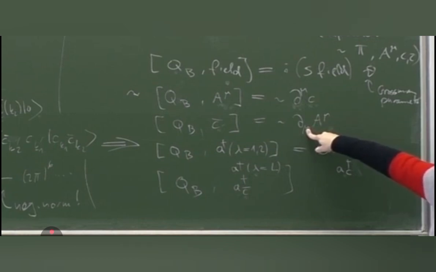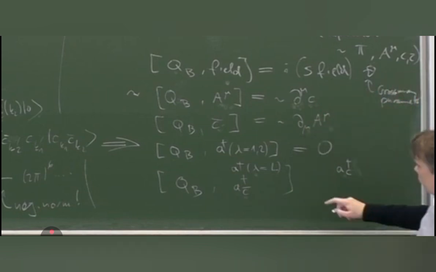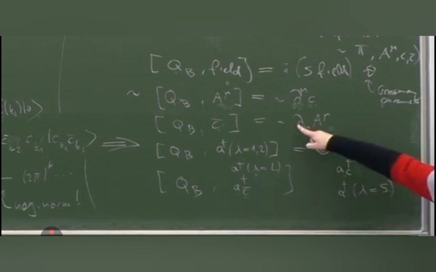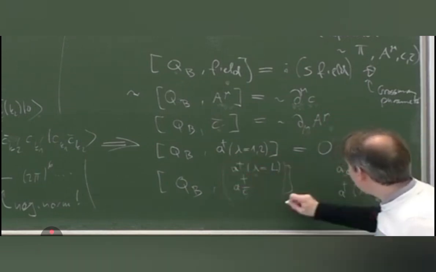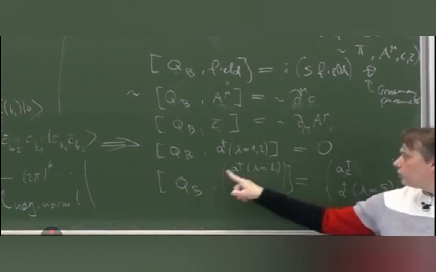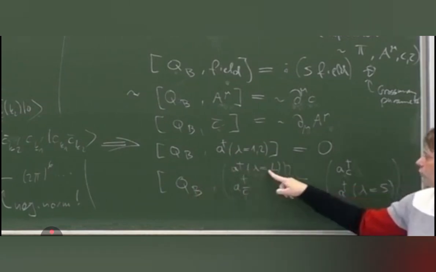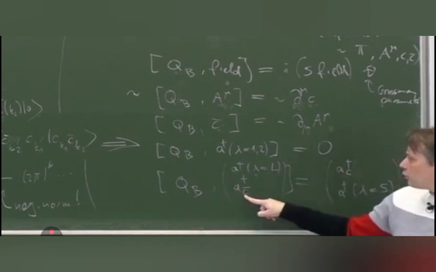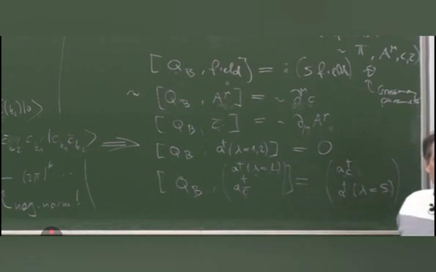K mu times all the epsilons gives 0, except in the case where we have the scalar polarization. So the scalar polarization is the one which survives if you contract with the momentum. So you read this as follows: QB commutator with A dagger of L gives A dagger of C. QB with A dagger of C bar gives A dagger of S. These are the non-vanishing ones.